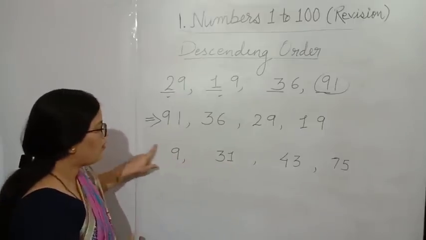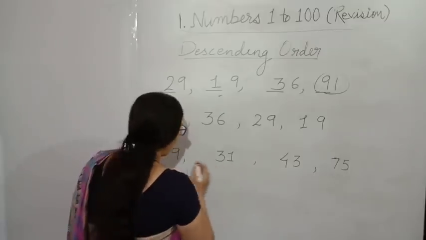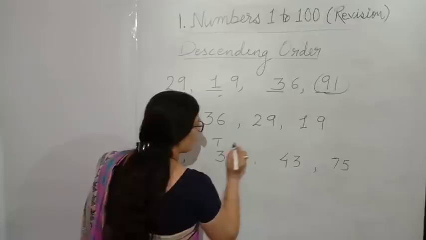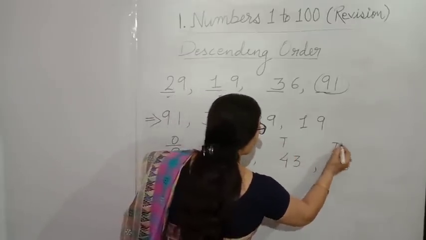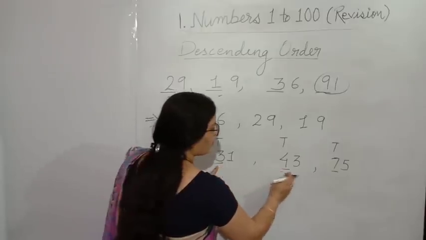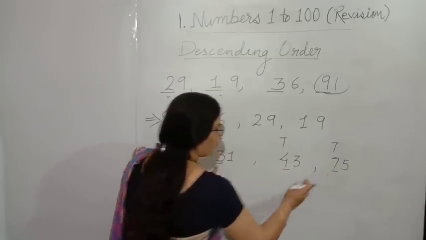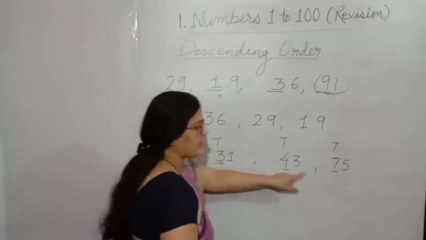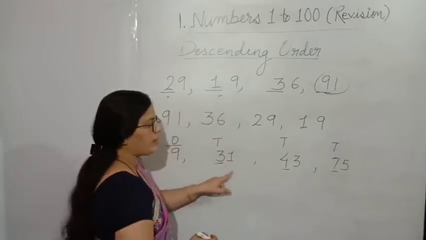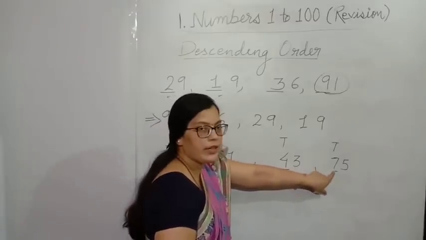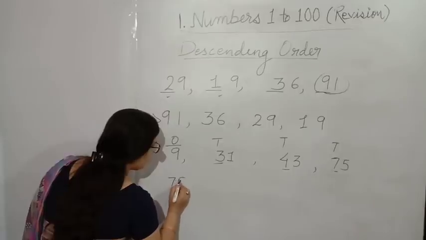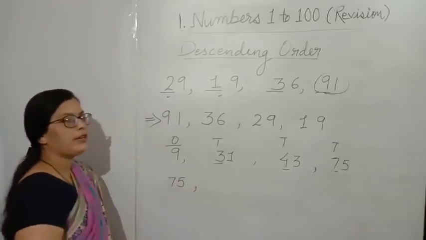Now first compare the tens place of the 2 digit numbers: 3, 4, 7. Which one is bigger? Biggest is 75, with 7 at tens place. So first of all we'll write 75.